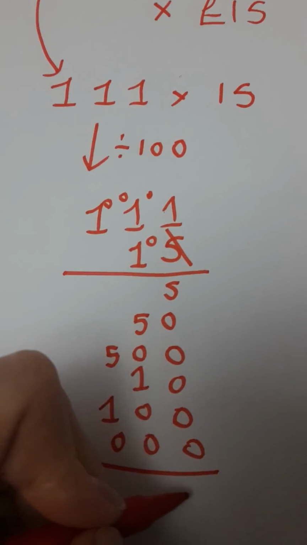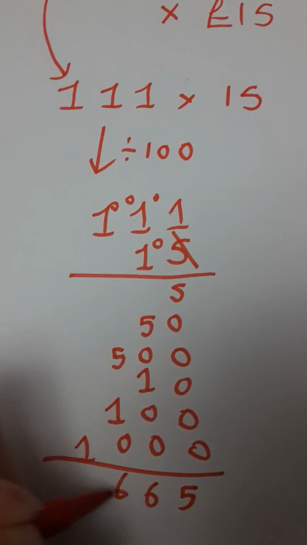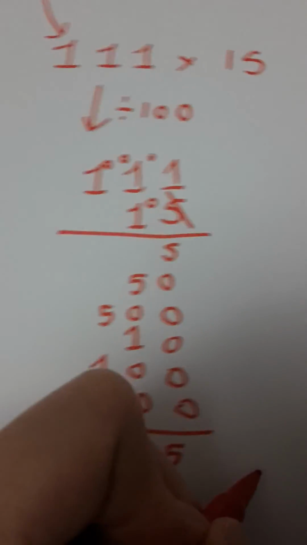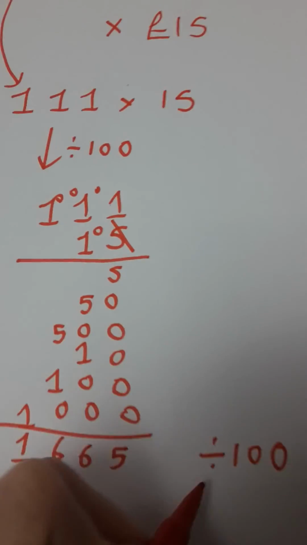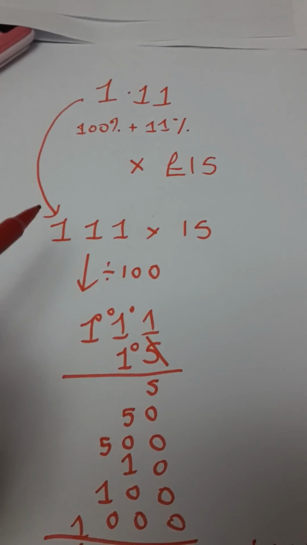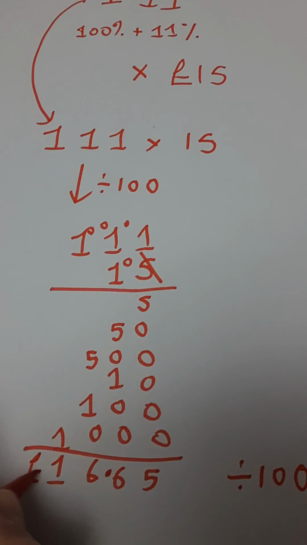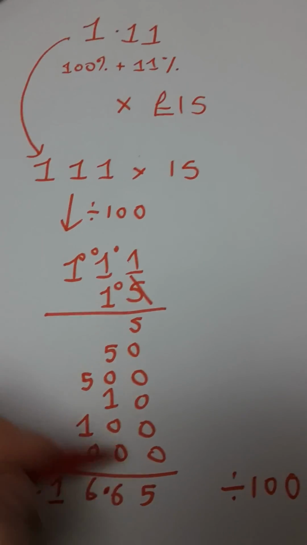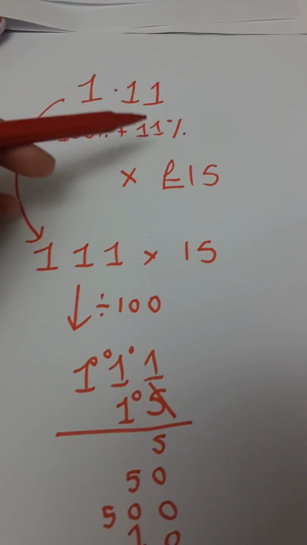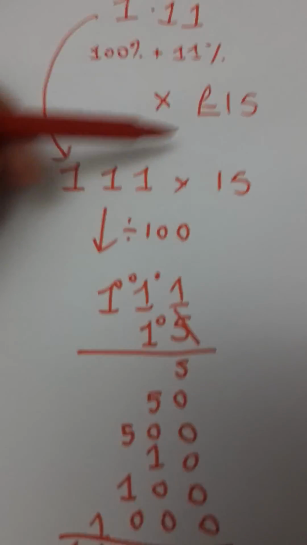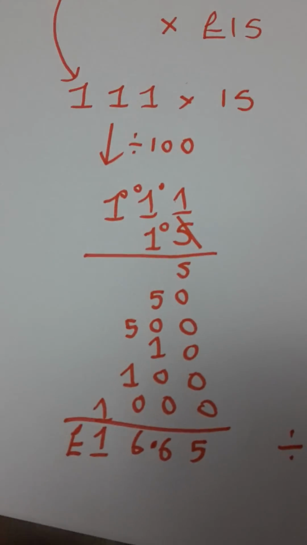Add them up and you get 1, 6, 6, 5. Now remember that we must divide by 100 because we made the adaptation at the start, so we end up with £16.65. So an 11% increase on £15 is £16.65 in total.